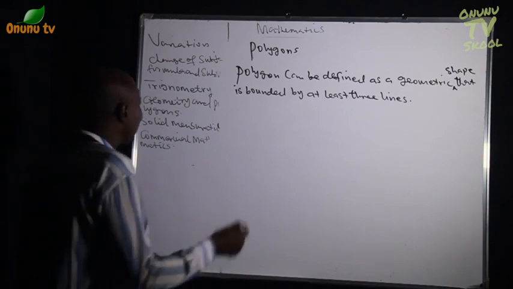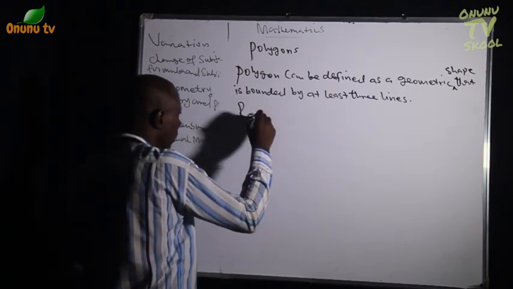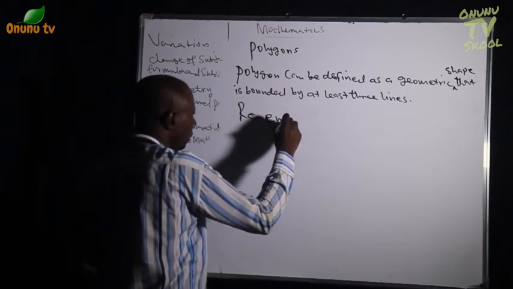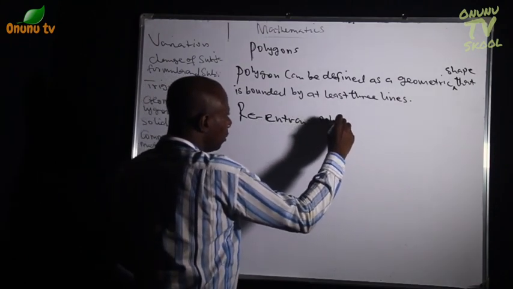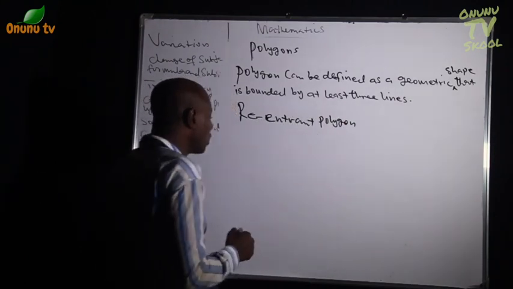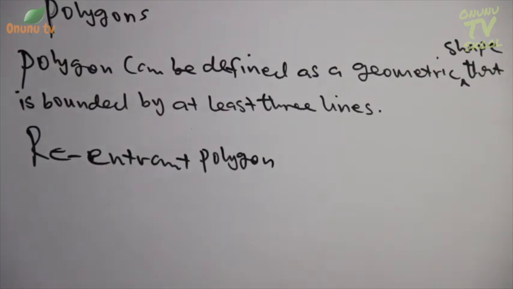And we have reentrant polygon. This is a polygon in which one of the angles is more than 180 degrees. It could be 181, 182, 190, 200, 230, 250, 280, and so on. But this kind of polygon is not much of our business.